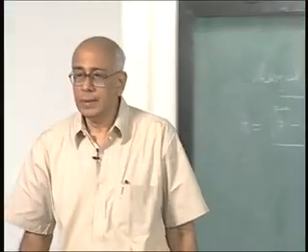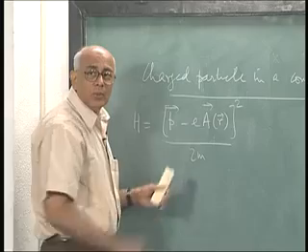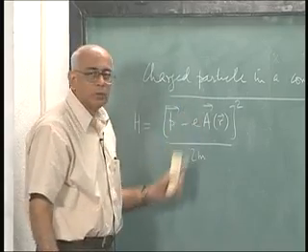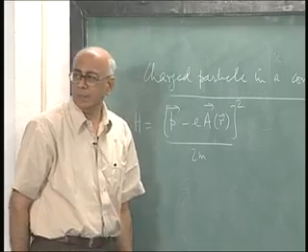Now we have to be careful because P and A may not commute with each other in general, because A is a function of r. Therefore when you square this, you are going to have terms which depend on p squared over 2m, but there is going to be a p dot A as well as an A dot p term, and they do not commute with each other. Classically you do not have this problem, but quantum mechanically you do have this problem.